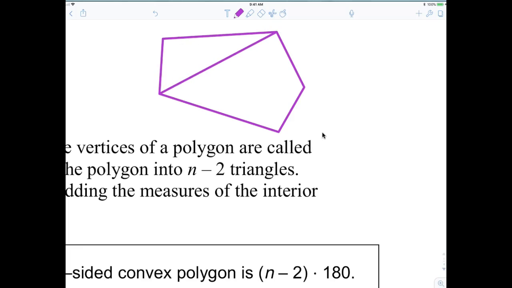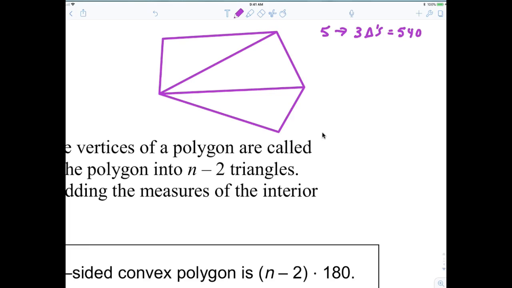If you draw these diagonals from any vertex, you will see that in this case there are 5 sides. That creates 3 triangles. So that means the sum of the interior angles is 540.